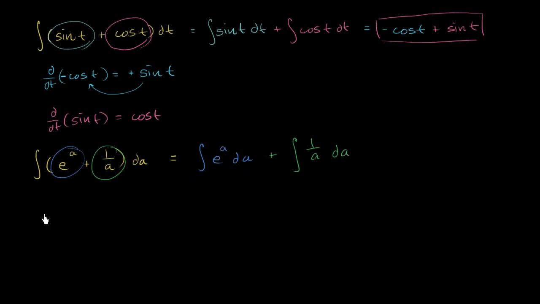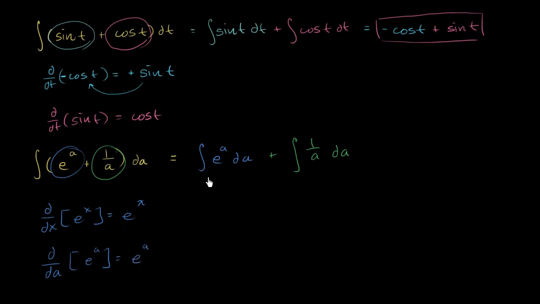Well, we already know a little bit about exponentials. The derivative with respect to x of e to the x is equal to e to the x. That's one of the reasons why e and the exponential function in general is so amazing. And if we just replaced x with a, you get the derivative with respect to a of e to the a is equal to e to the a.